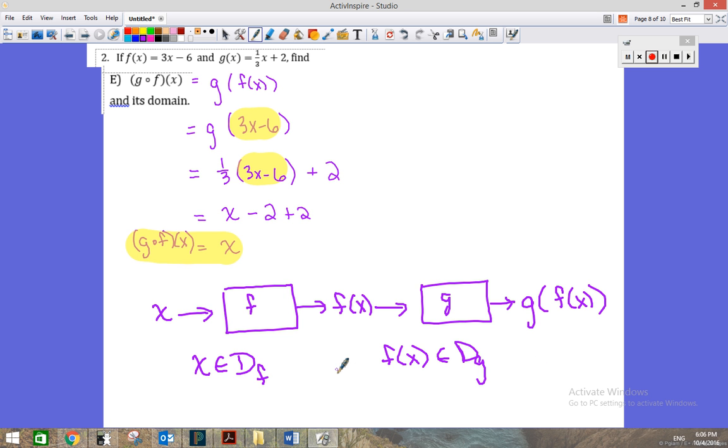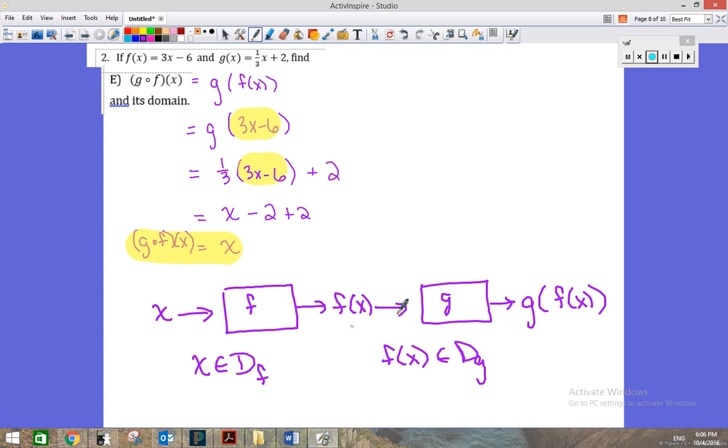Well, just as before, the domain of f is all real numbers. The domain of g is all real numbers. So there's no restrictions. We can put any number we'd like into f, and whatever comes out of f, g is very agreeable. G says, hey, I'll take that number and I'll perform my 1/3 of that number plus 2, and I'll get an output.